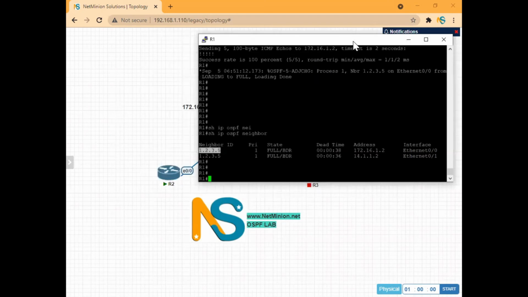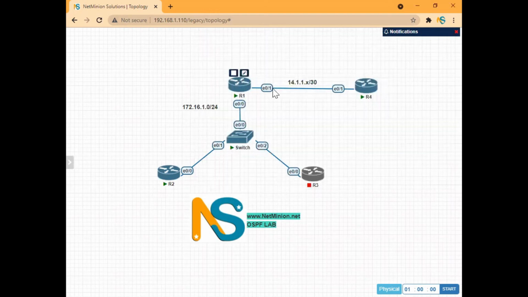So one thing is clear: if the RID is the same for two routers that are indirectly connected through an intermediate router, which is common but connects to two different routers, even though the RID is the same, it will not give you the error, and the neighborship will be up for this router and for this router.